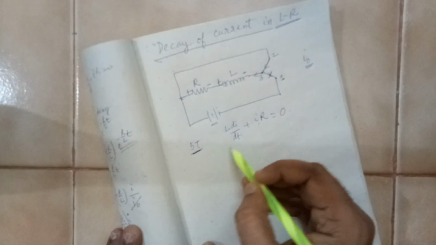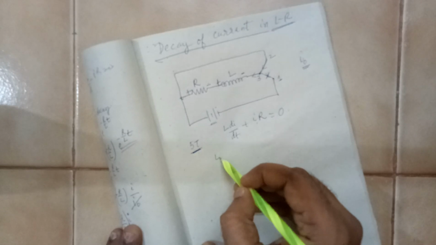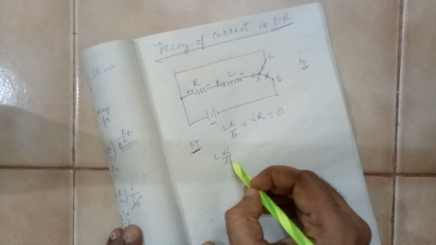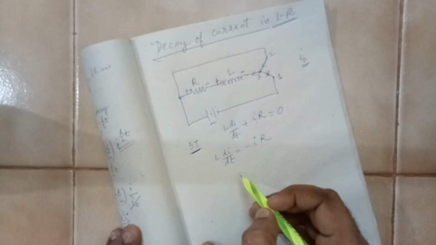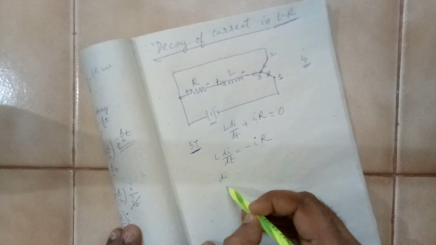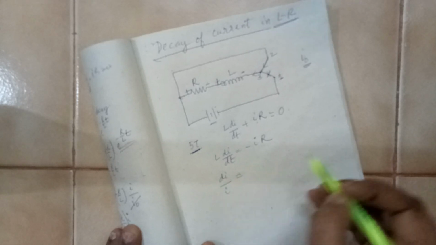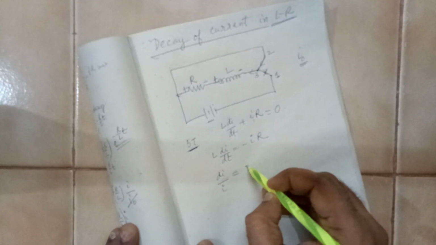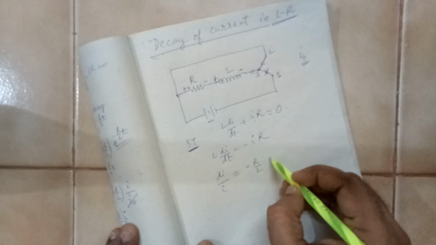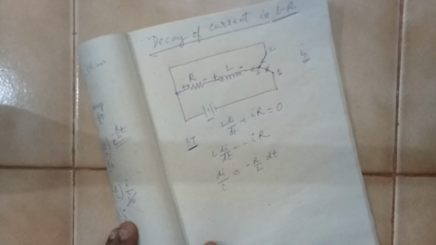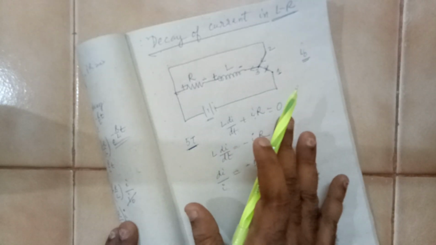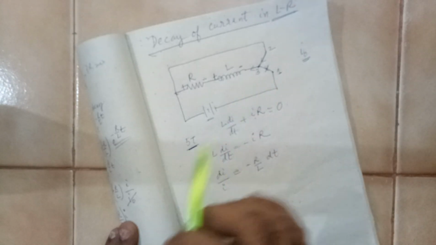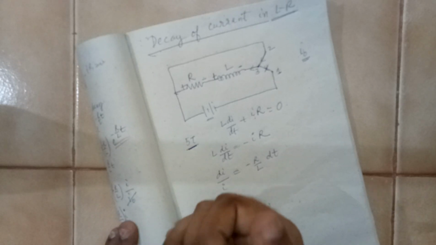From this equation we can rearrange: L di/dt is equal to minus IR, or di/I is equal to minus R/L dt. Why we are writing in this format: usually the growth is exponential and the decay also is exponential, and we are trying to bring it into the exponential format.